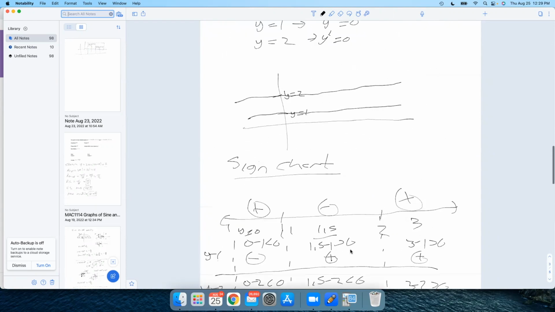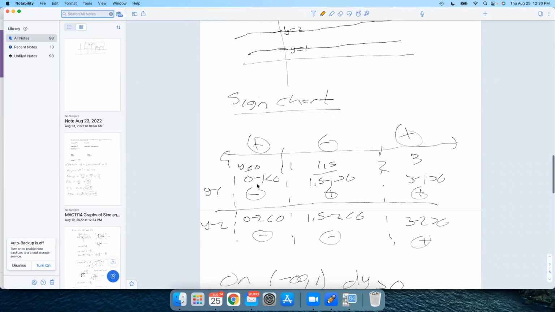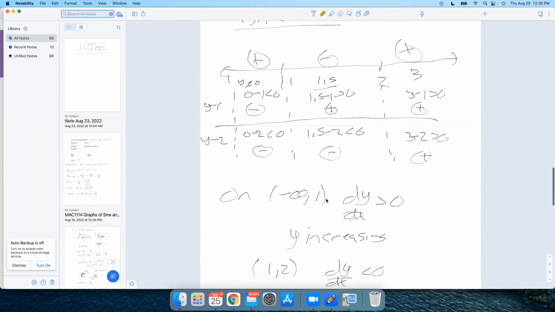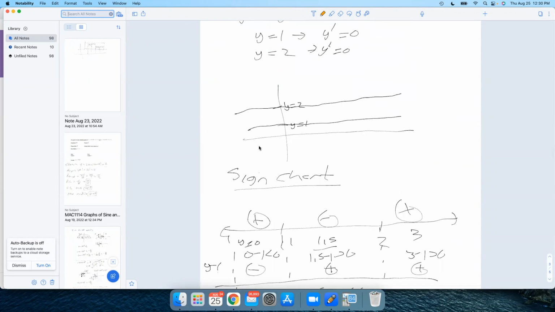So now I can sketch out what the graphs of solutions must look like. Let me do this in a different color. Maybe we'll use orange. So we're looking vertically here. Normally when we're doing sign charts, we're doing them for x's. Here we're doing them for y's. So for any y value less than 1, I have to have an increasing function. So all my functions that live down here must be increasing.